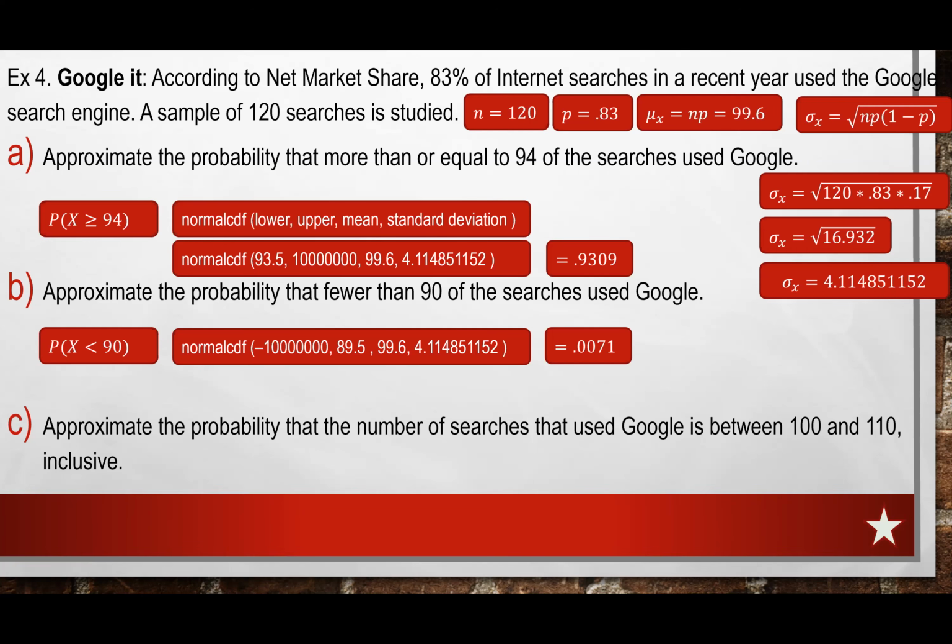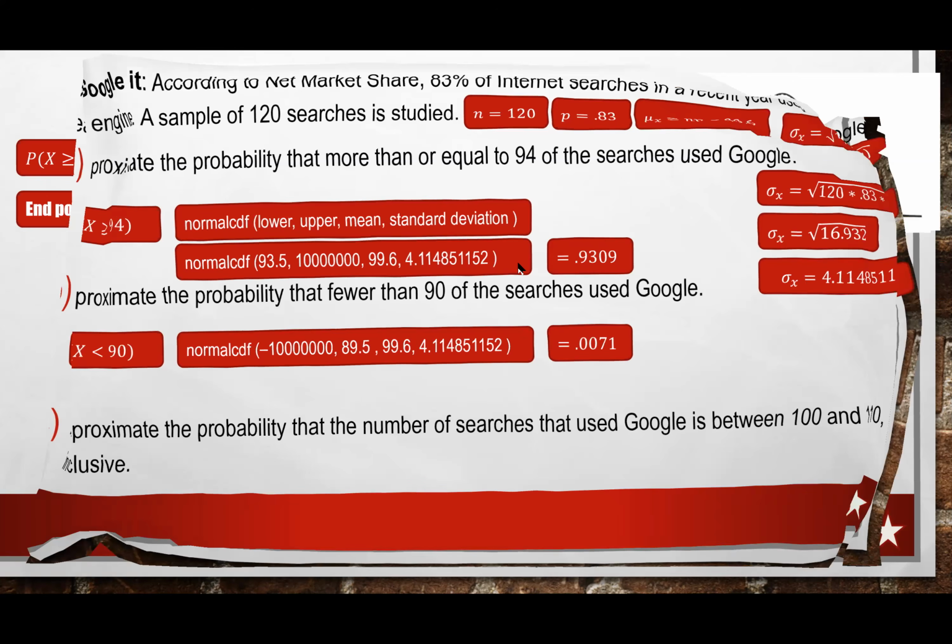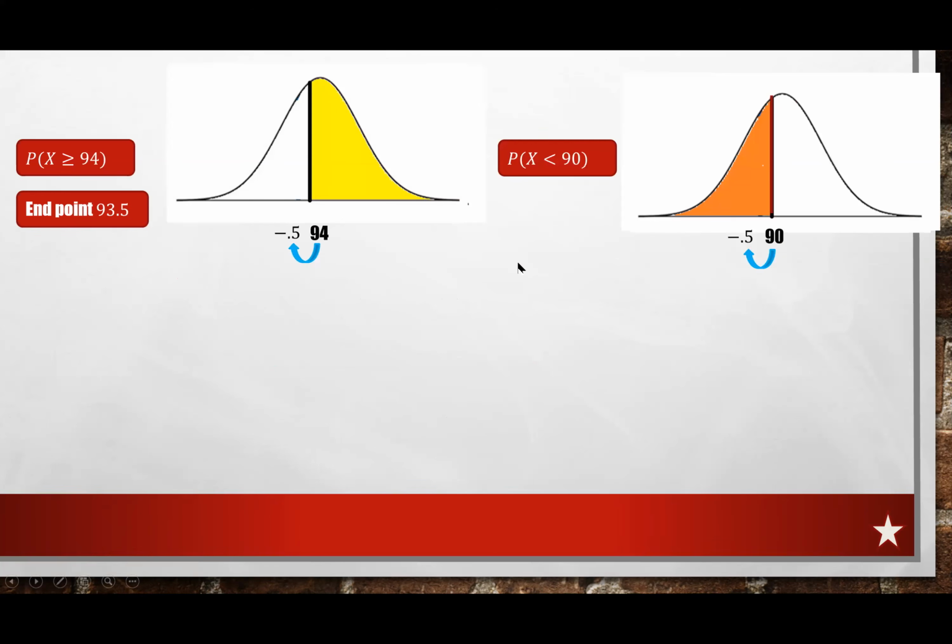Why did you use the endpoint in number A? Like you said, we have to use the endpoint for A because it is equal to or larger than 94. But I don't know where you used the endpoint for A. Looking at A, this is my A question, because my endpoint is 93.5, and I'm looking for the area to the right.